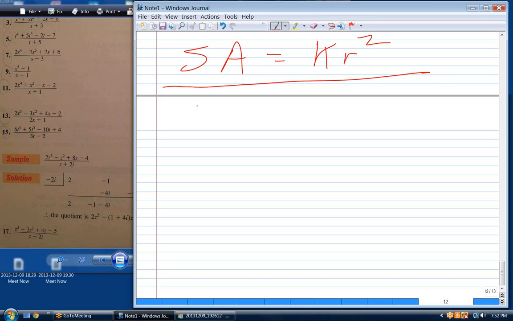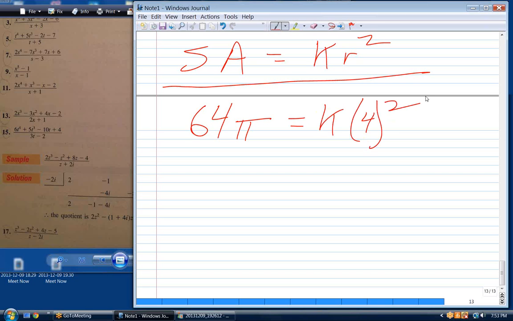And then the information they give you is that if a ball has a 64 pi surface area, when the radius is 4, what would a ball whose radius is 20 be?